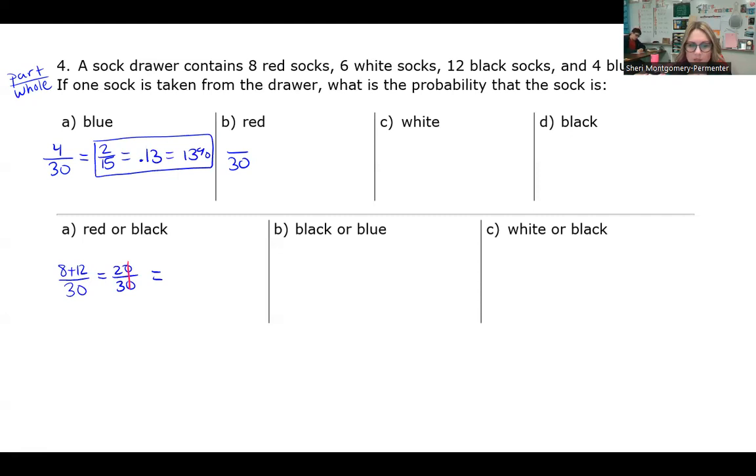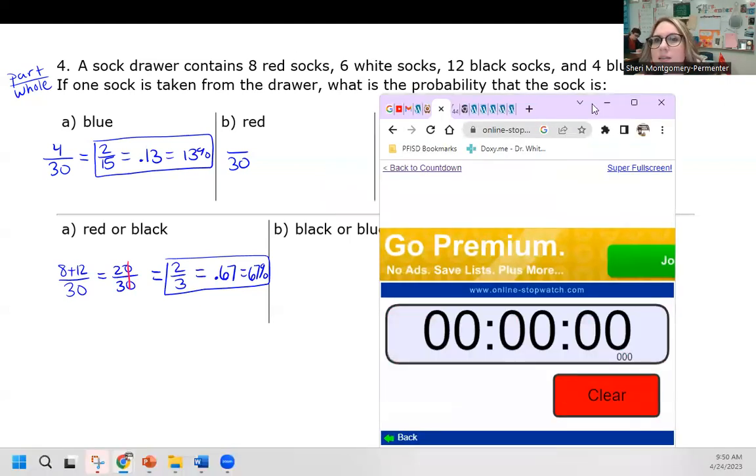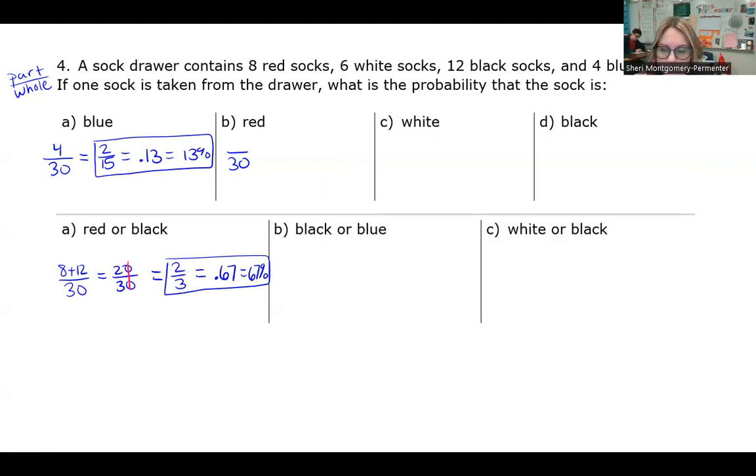So it looks like it's going to be 2 out of 3. What is 2/3 as a decimal? 0.67. And that is 67%. So I'm going to give you a couple minutes in this section to see how many you can get.